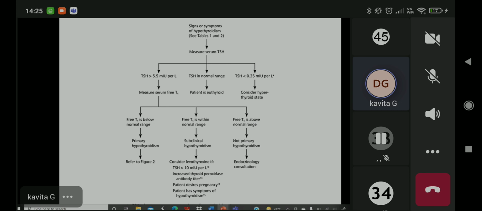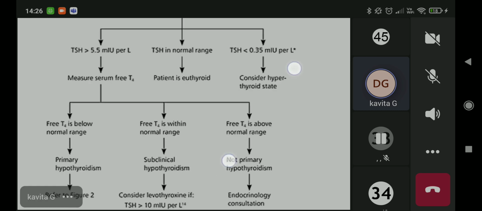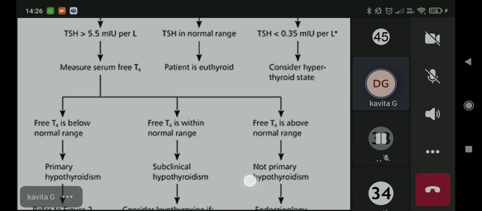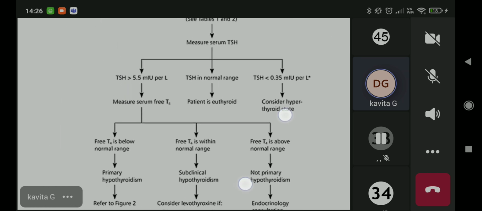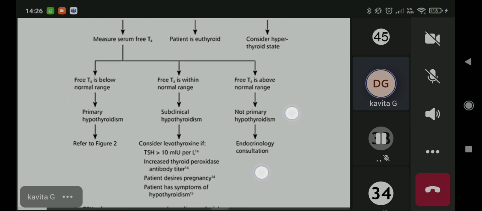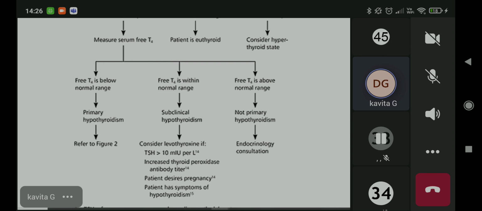Now, there are other things that can happen. Your TSH is elevated, but your free T4 is still within the normal range. So it's like the mayhem has just started. It's just a matter of time now. So it's subclinical hypothyroidism, and it is believed that if you have a TSH level of more than 5, you can treat these patients, and you can consider levothyroxine if TSH is more than 10.